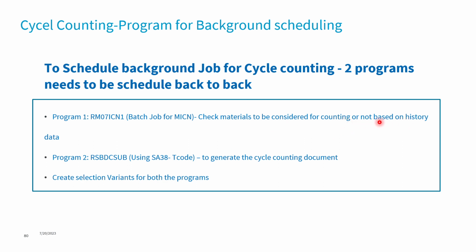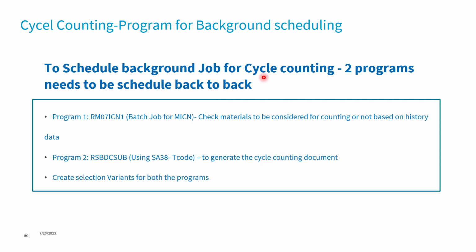If a material document is already created and it is not yet completed for the counting, it won't consider those materials. It will only consider materials which are not counted earlier, or which are already counted and the counting is completed. Then program 2 actually runs in the background to generate the cycle counting document.